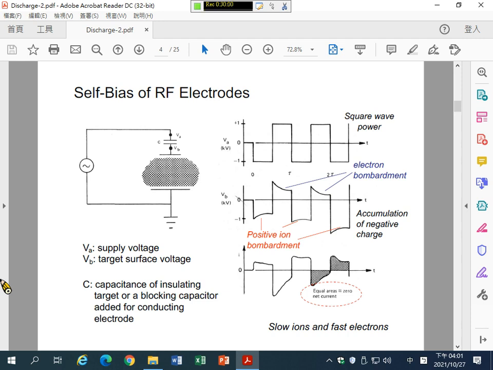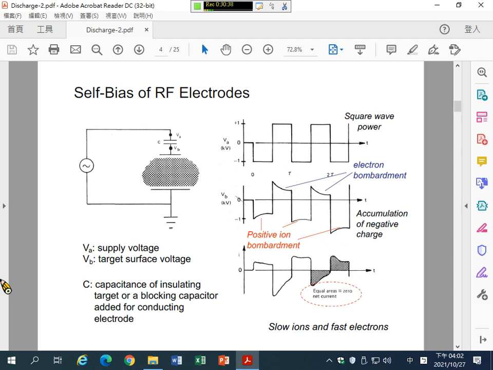Okay, so the upper figure shows that if you use a square wave power supply, the square wave power supply is just like a pulse DC power supply. So the half cycle is biased negatively, and the half cycle is positive, negative, positive. So this type of square wave power supply is actually a pulse DC power supply.